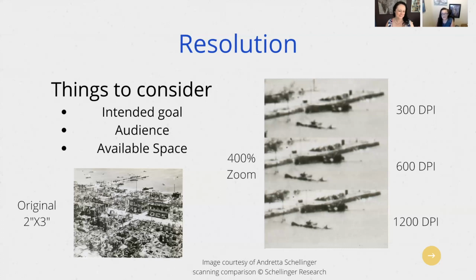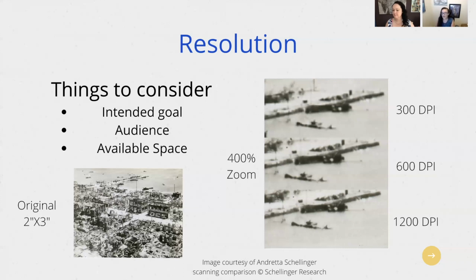And so here's an example. The original image is a 2 by 3. And as you can see at 400 zoom, at 300, 600, and 1200, there's a big difference in what it looks like. And while that might not be important if you just have your images online for people to view, if you want someone to be able to use that, then you're going to need to increase it.